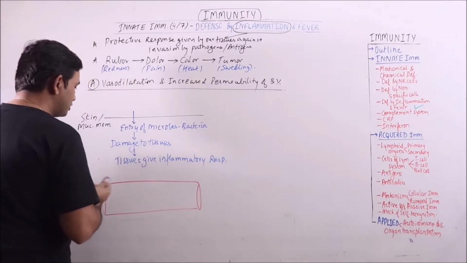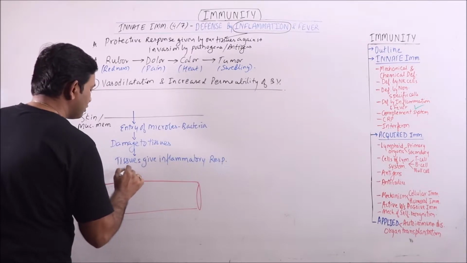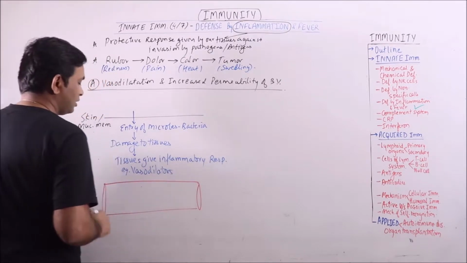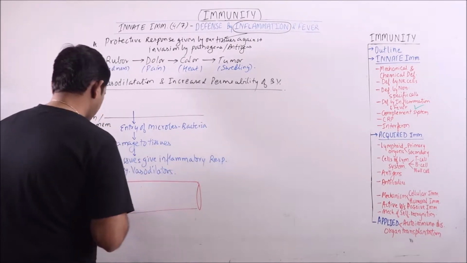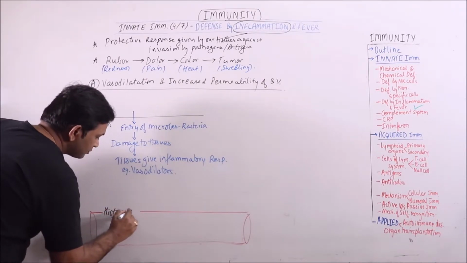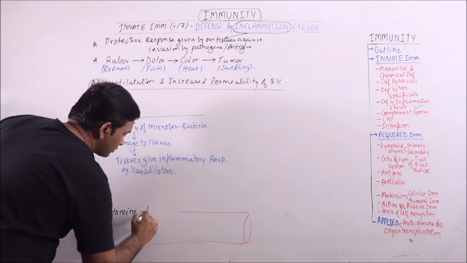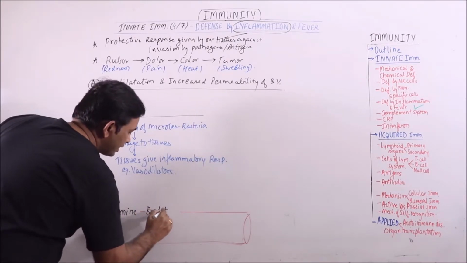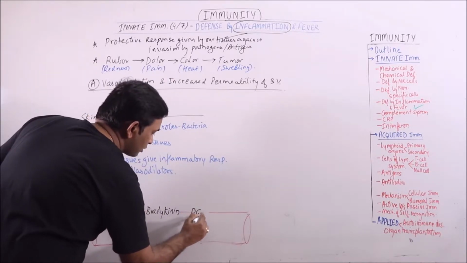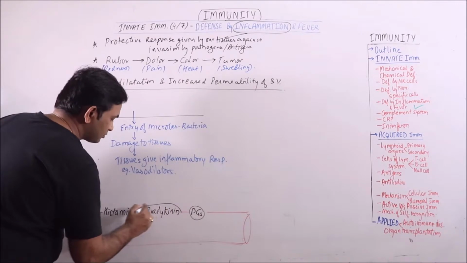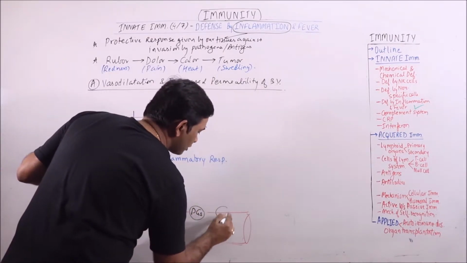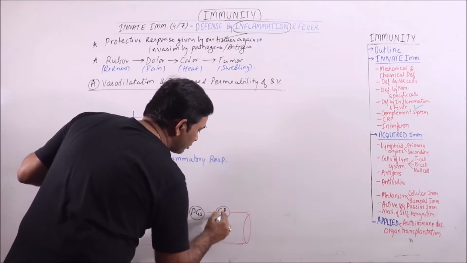This inflammatory response is in the form of vasodilators. These vasodilators include histamine, bradykinin, prostaglandins, and complement proteins.